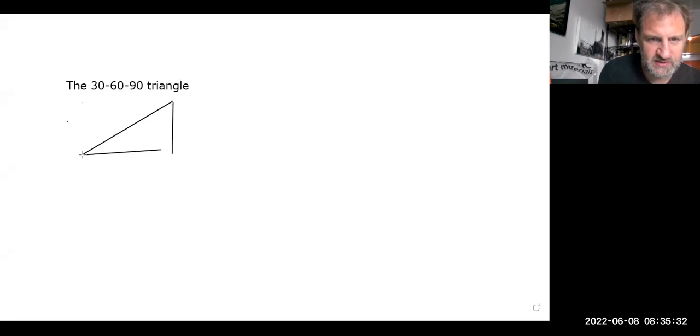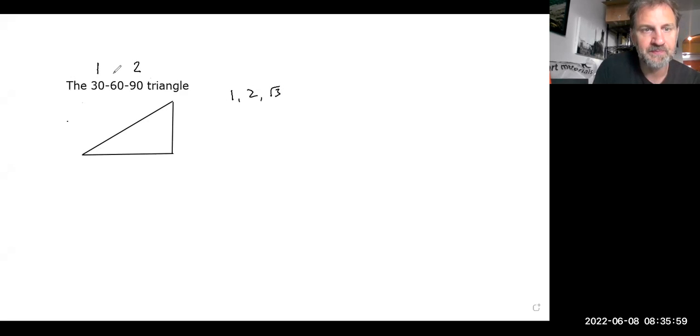Now, since we've done the law of sines, we actually have a way without doing any math to assign 1, 2, and the square root of 3 to these three sides in order, because from smallest to biggest, the law of sines tells us that there's a connection between the size of the angle and the size of the side. So the longest side goes with the biggest angle, the shortest side goes with the shortest angle, and the middle side goes with that middle angle. So that's going to be the way that that's organized.